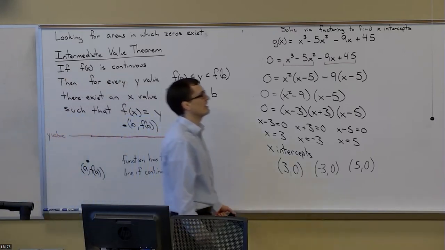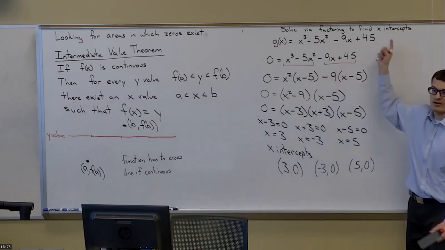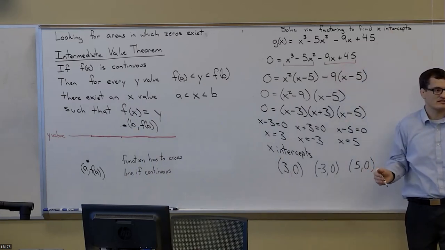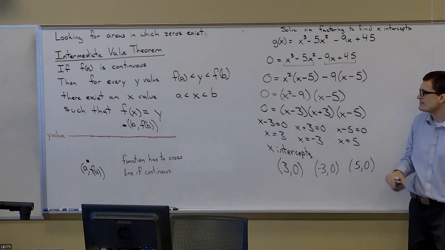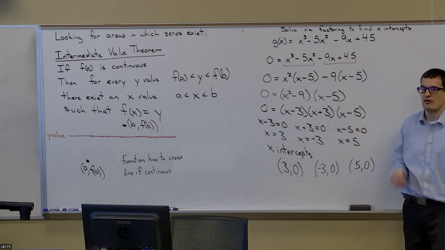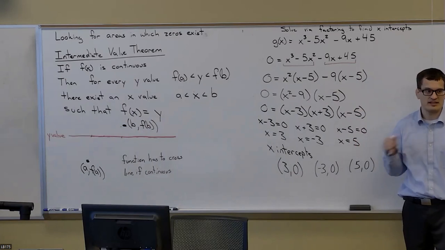Now, what horizontal line are we very accustomed to? Well, the x-axis, right? The line y equals 0. So that means this intermediate value theorem is going to say if one of the outputs is negative, one of the outputs is positive, then it's got to cross the x-axis at some point.